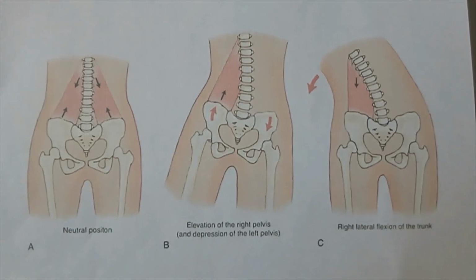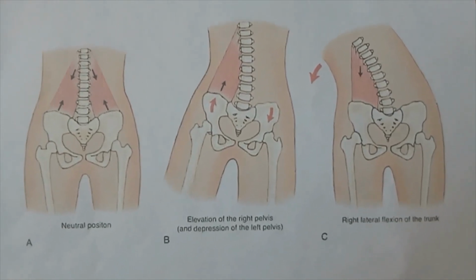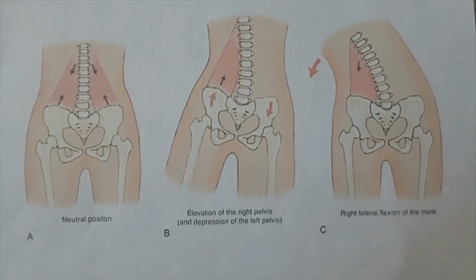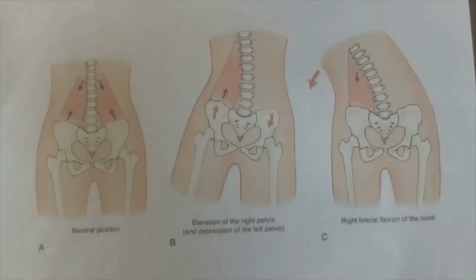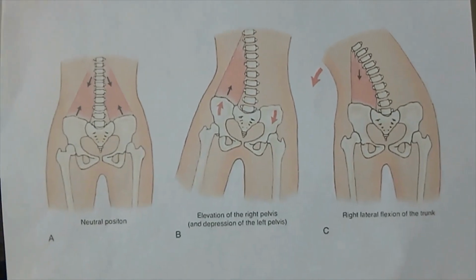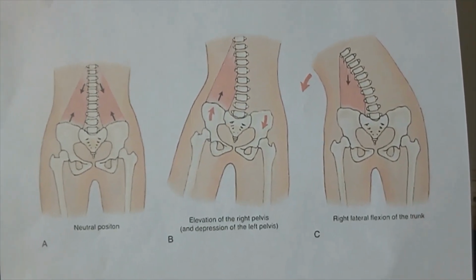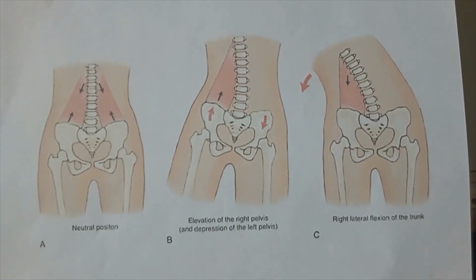Okay, so I've talked a little bit about unilateral contraction, where only one side contracts. So I'm going to talk a little bit about asymmetrical tightness of the QL.